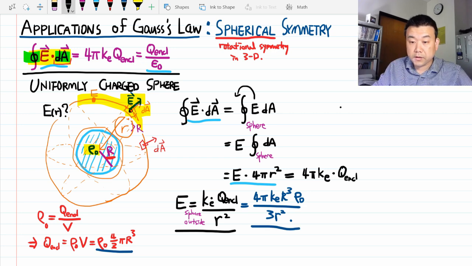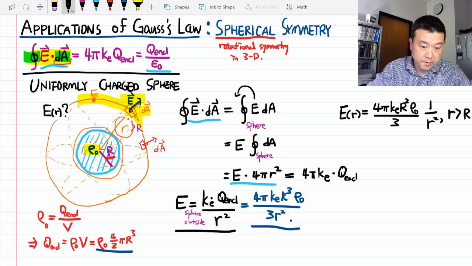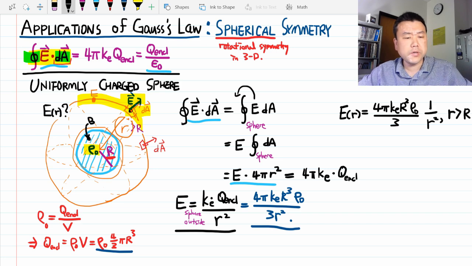So we found the electric field of spherically uniform charge distribution. But this is only a special case of where the point is outside the sphere. Now, what if the point is within the sphere? So we would be looking at, for example, this point here. Let me call that B. How would we calculate the electric field at point B?